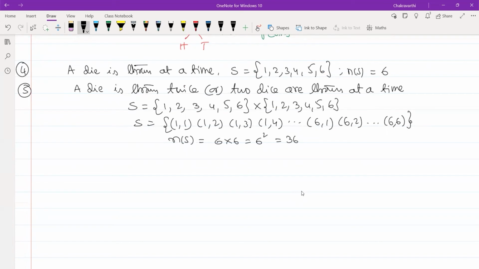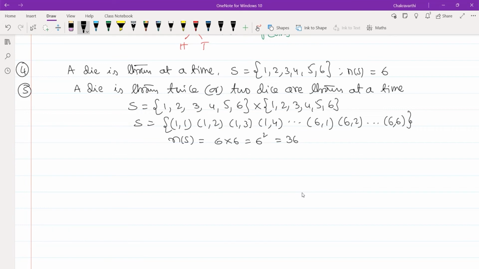Total possible outcomes of this random experiment: 36 different points are there. Here (1,2) is different from (2,1). In the ordered pair, the first one represents the number on the first die. Second one represents the number on the second die.